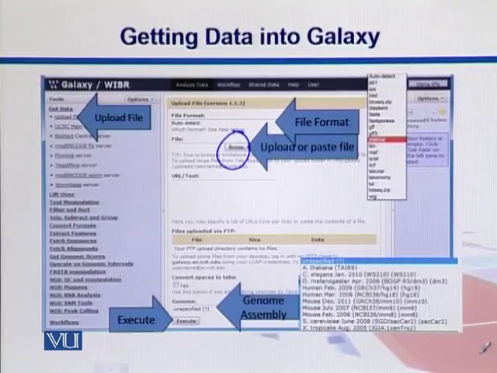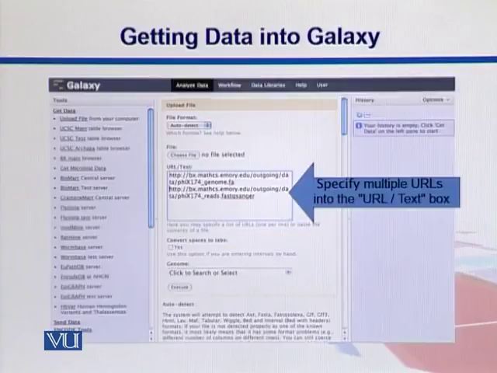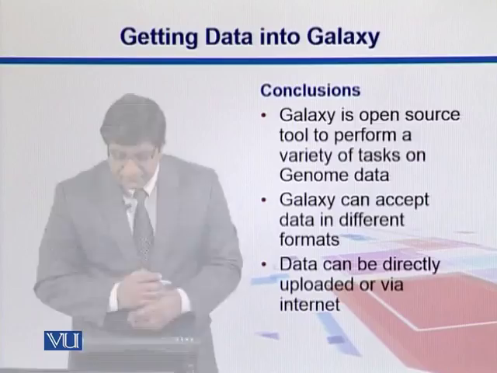So we need to specify that. Once we press execute, it uploads our data. As far as the file format is concerned, we can specify which file format is coming, or we can leave it as default, which is auto detect, so it can detect which formats are there. We can also provide a URL from which it can upload the data from any online resource.